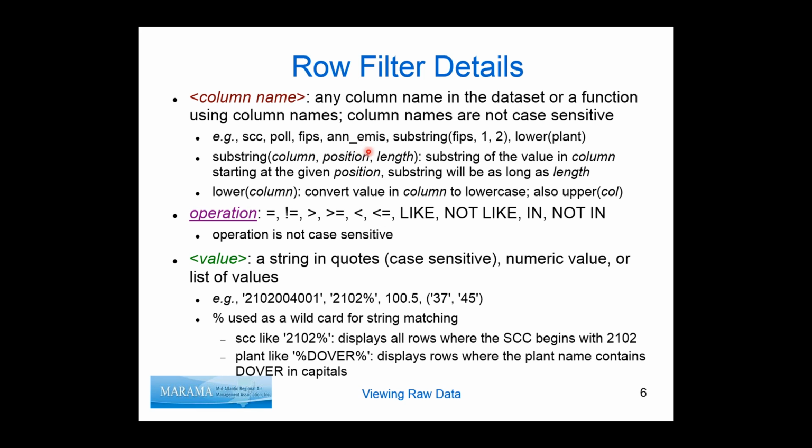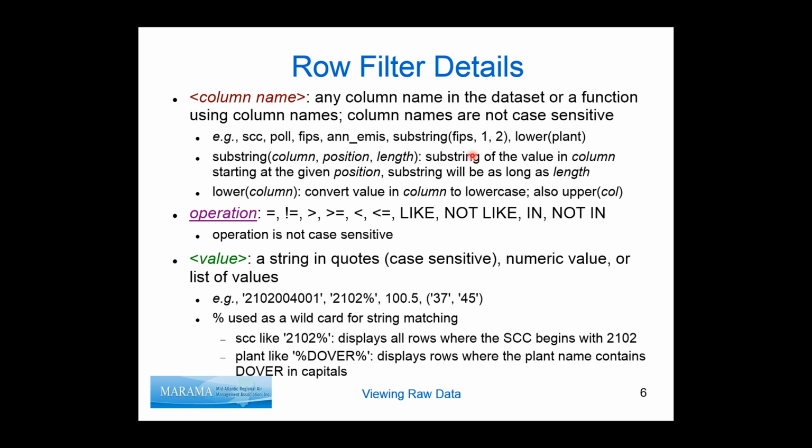ANN_EMIS being the annual emissions. Now, in different data set formats, some of these column names would be different. Instead of seeing ANN_EMIS, it might be ANN_VALUE. Or if you've got monthly emissions, it might be MARCH_EMIS. So your row filter needs to work with the columns that are in the data set you're currently working on.